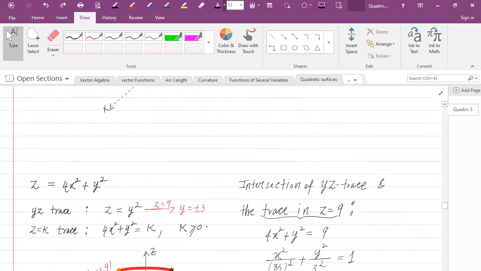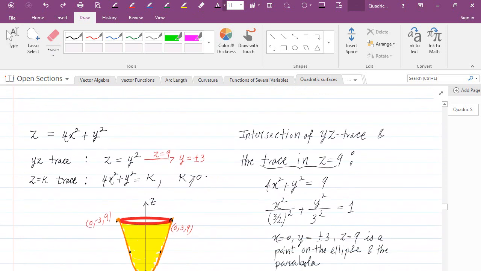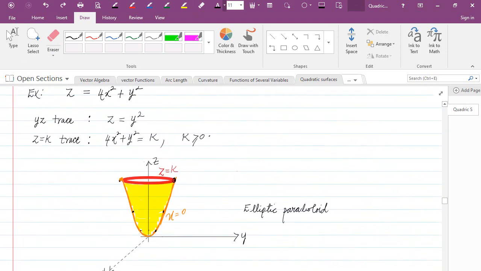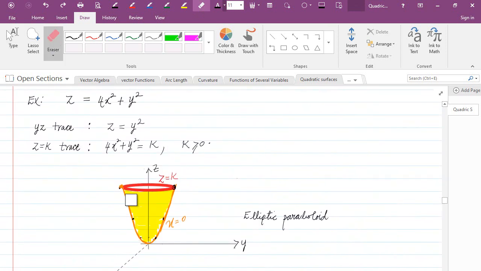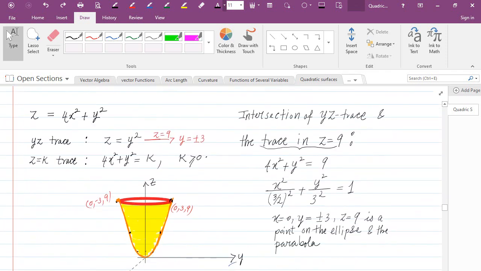Okay, so now you might ask, how do I know that this ellipse here, the trace in z equals k, intersects the trace in the yz plane here? So the way I know that is the following. I'm going to take k to be 9.